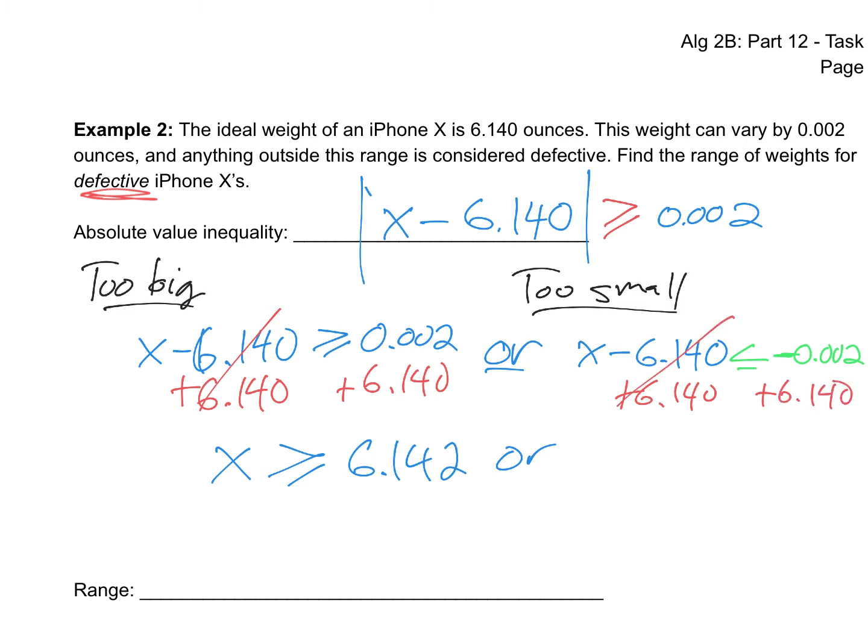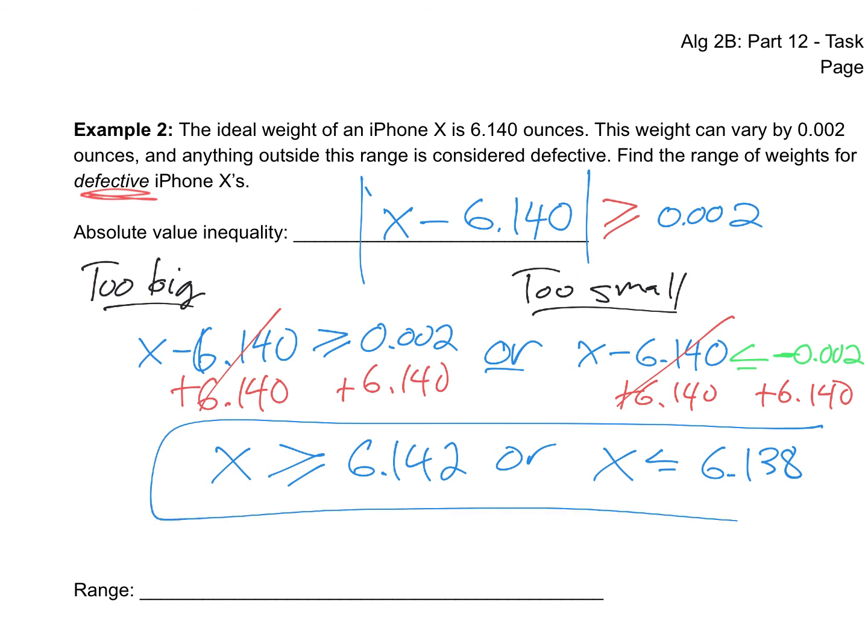And I get x is less than or equal to 6.138. And so this is the range. So I find that if x is more than 6.142, then it's too big, it's defective. If x is less than 6.138, it's too small, it's also defective. And so that is the range of defective iPhone 10s.